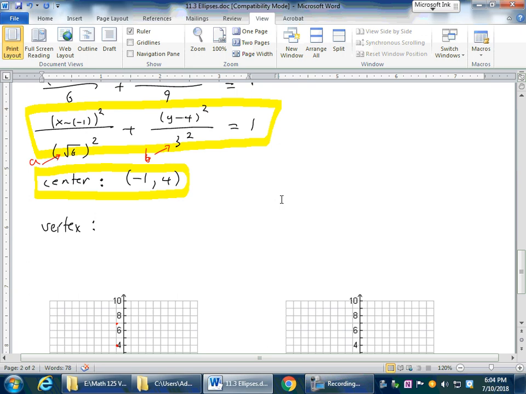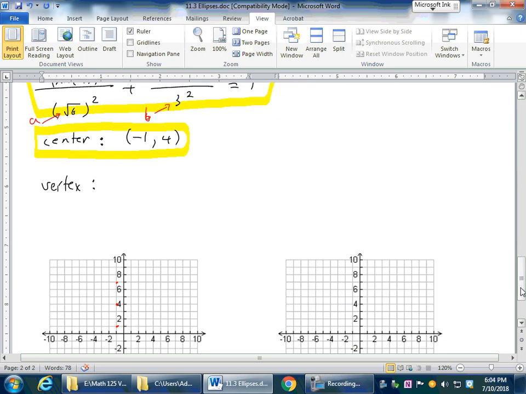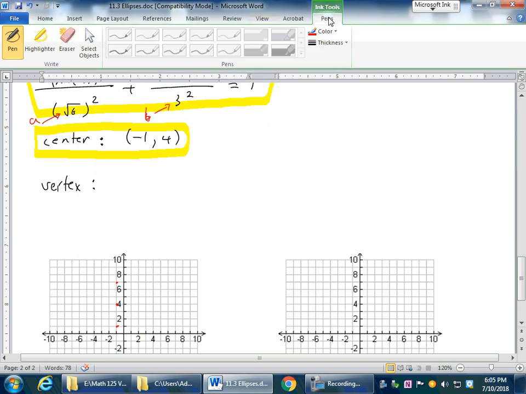So we will approximate as 2.5. So you're going to move 2.5 units to the left and you're going to move 2.5 to the right. So 2.5 to the right, which is right here, and then 2.5 to the left, which is right here. So those will help us to get the ellipse.